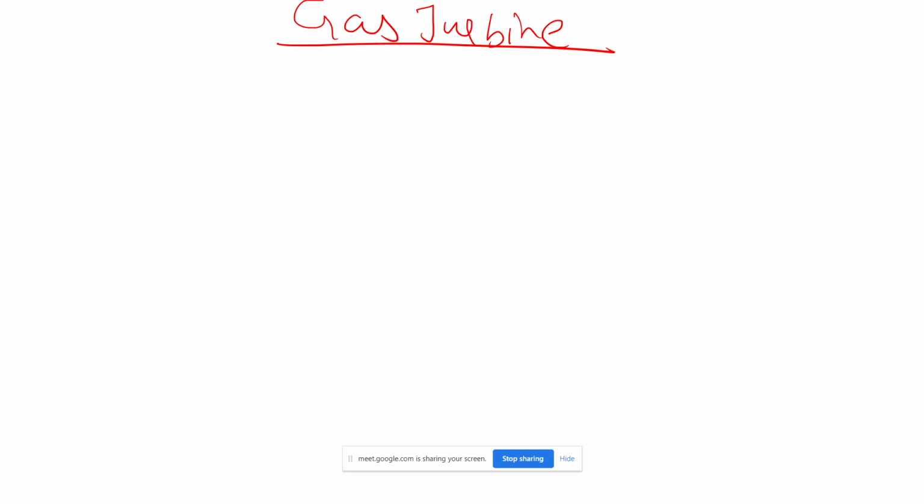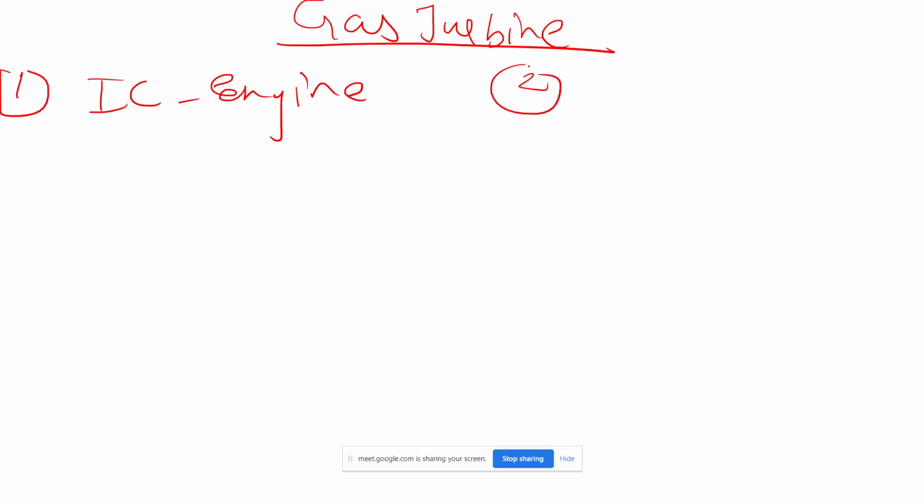So basically, there are two types of engine which we normally see. First one is the IC engine, and the second one is the external combustion engine. The one which we see in our automobiles is the IC engine, and the one which we are going to talk about today is the external combustion engine.